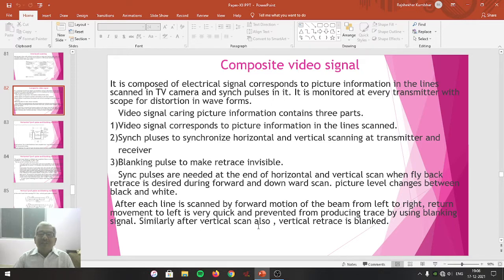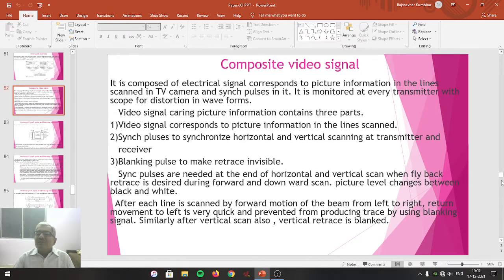Similarly, after vertical scan also, the vertical retrace is blank. To make the screen blank during horizontal and vertical retrace period, the blanking pulses are used. Synchronizing pulses are used to synchronize the transmission and reception in the form of forward and downward scan.